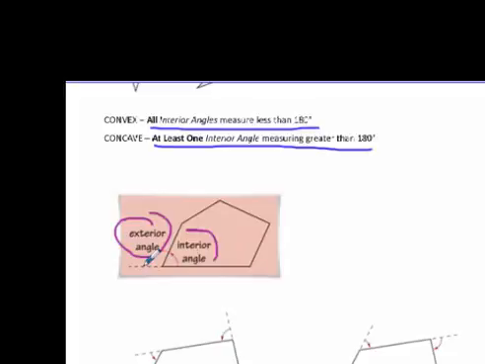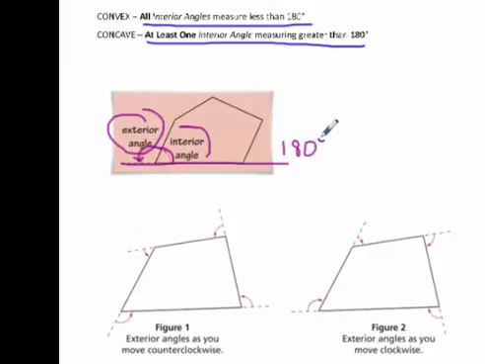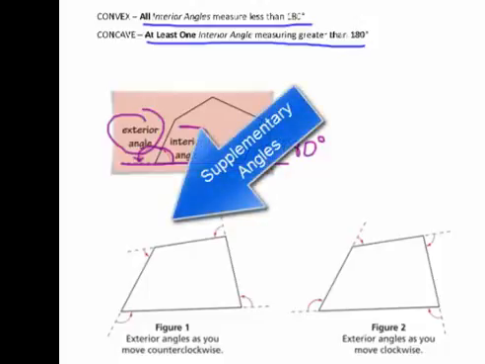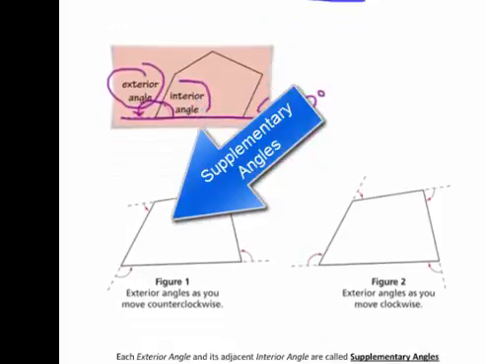Now, one really important point that I want to make here is that when you take your exterior angle and you add it to your interior angle, you make 180 degrees, okay? If I have an angle that equals 180 degrees, I have a supplementary angle, okay?